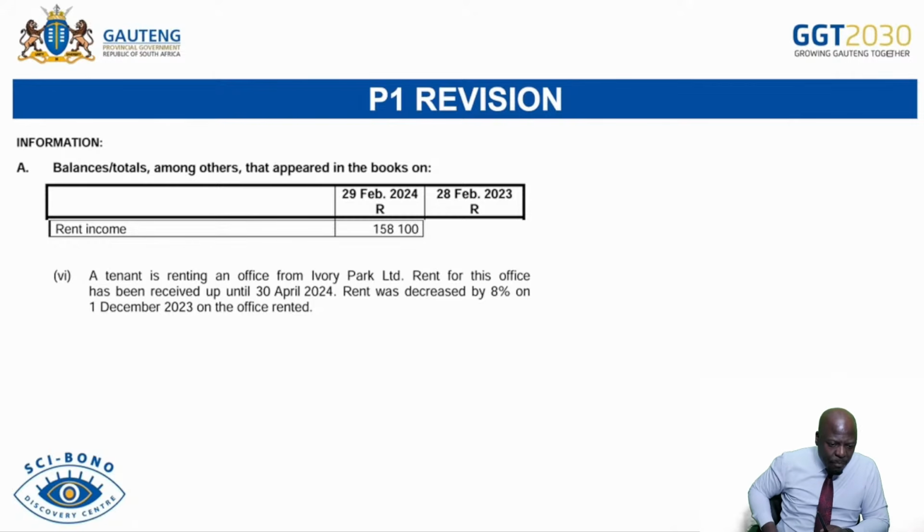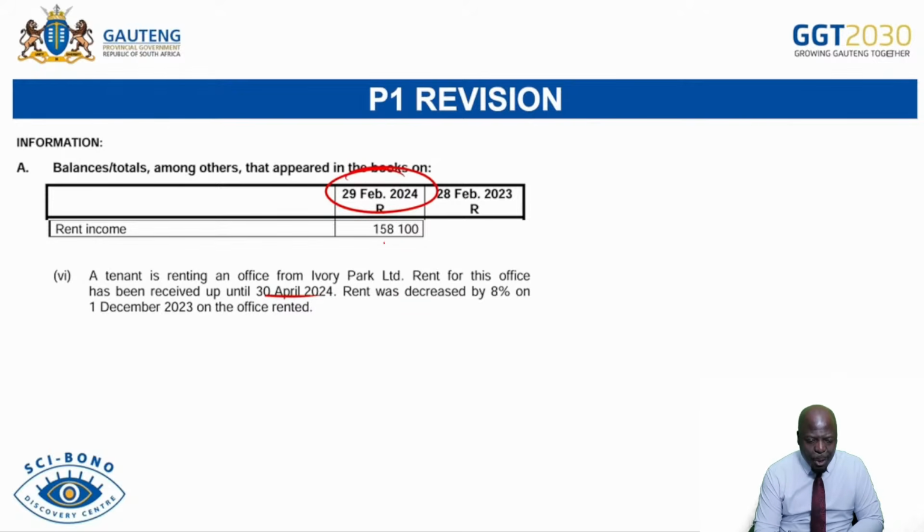And it reads, a tenant is renting an office from Ivory Park Limited. Rent for this office has been received until 30 April. Remember, the financial year ends on 29 February 2024. This is the end. And we are told that this particular tenant has rented, and we have received rent from them until 30 April 2024.